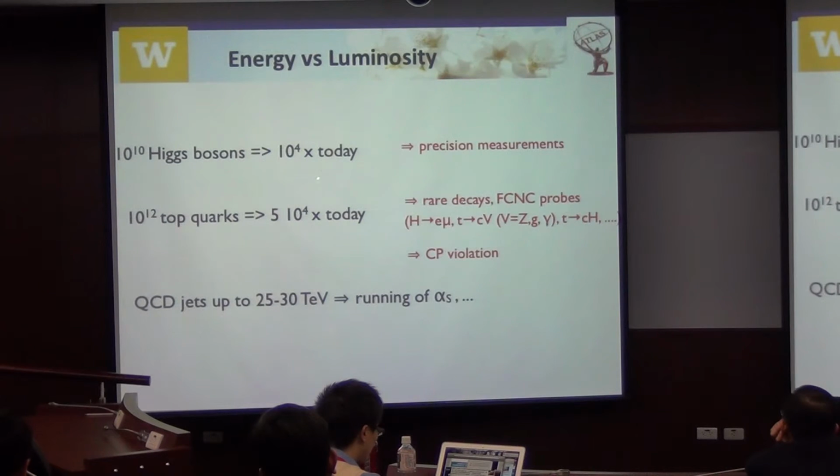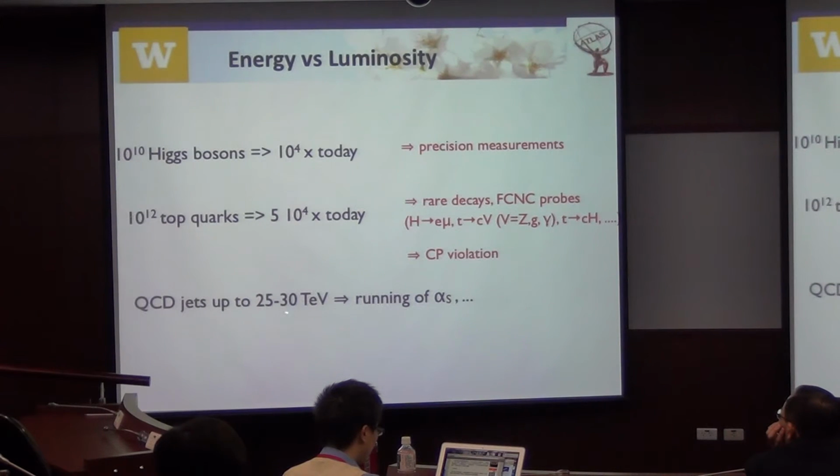In terms of Higgs, you can produce a factor of 10,000 more, and you can do precision Higgs measurements. It can produce a lot of heavy top quarks, and you can do rare decay studies. It can give you extremely energetic QCD jets, and you can study the running of the alpha_s coupling constant to very high energy.